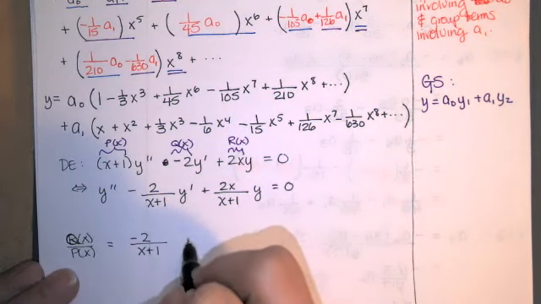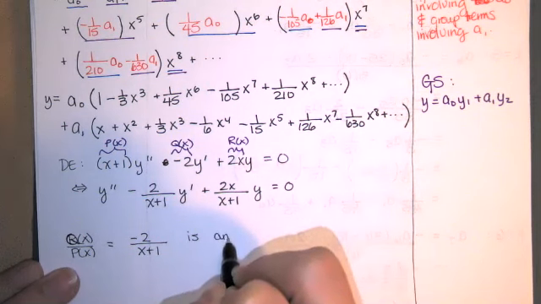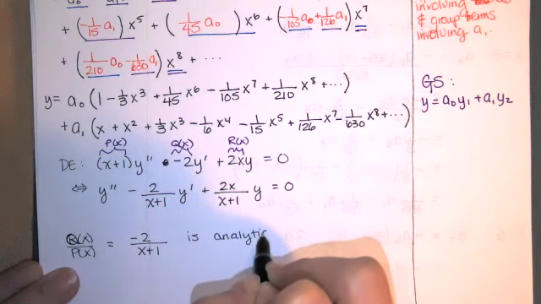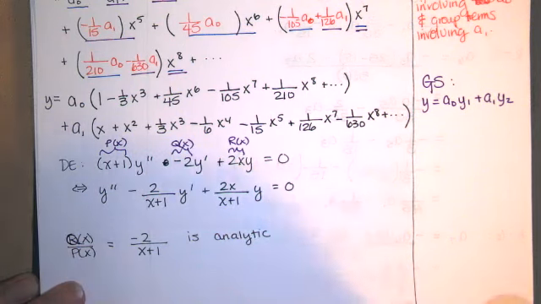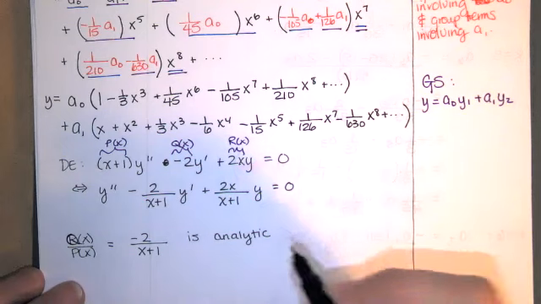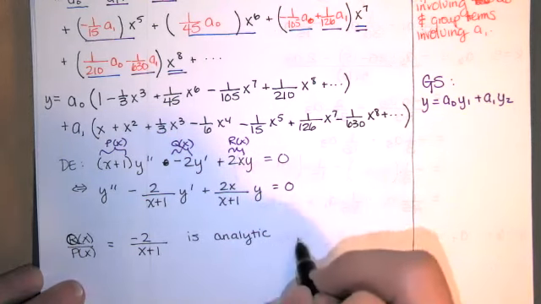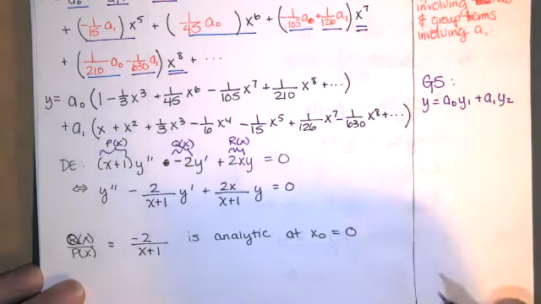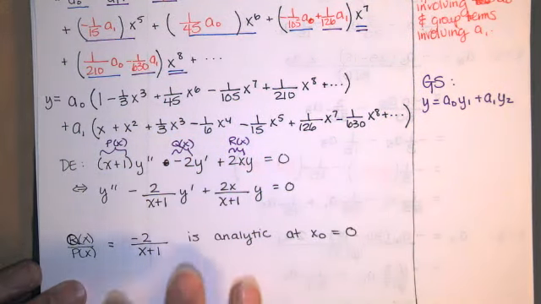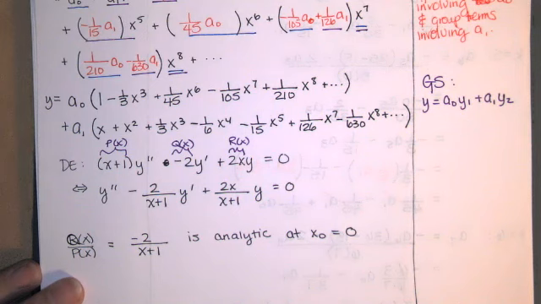We'll say that it is analytic, which just means that it has a series solution centered at x equals x naught, which equals 0. It's an analytic function at x equals 0, so it can be represented as an infinite series.